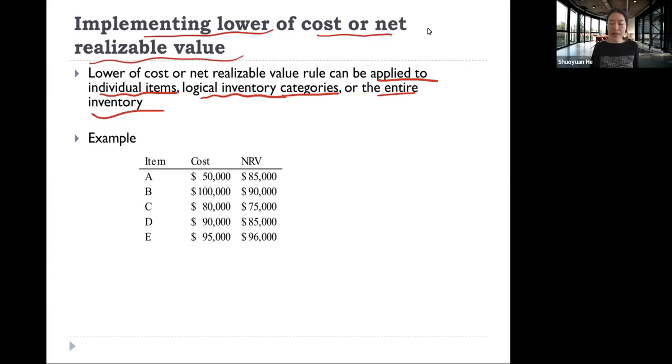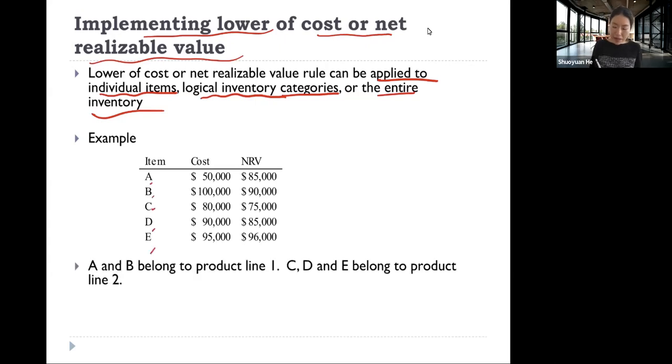So here is an example. Suppose the firm has 5 inventory items, A, B, C, D, and E. A and B belong to product line 1. C, D, E belong to product line 2. So they belong to two different categories.